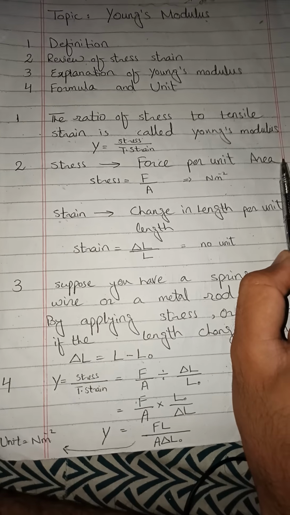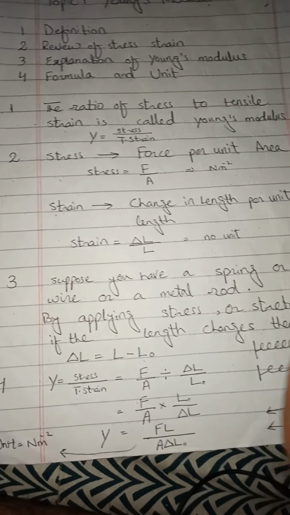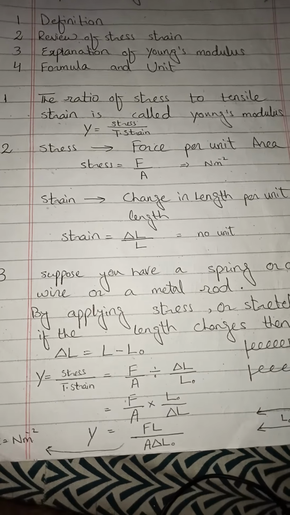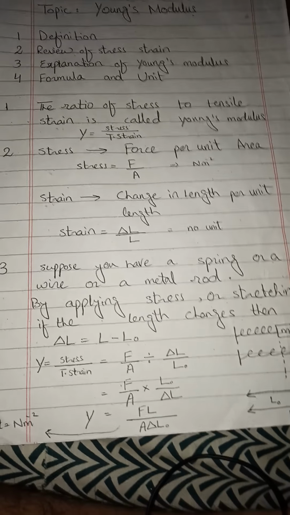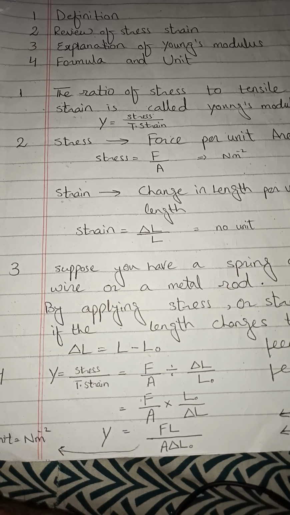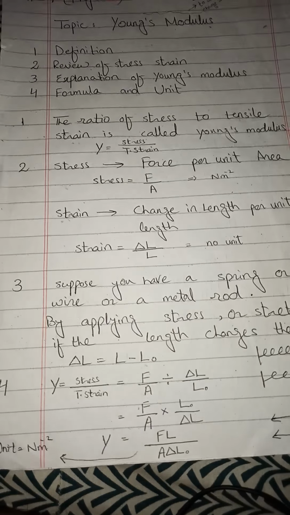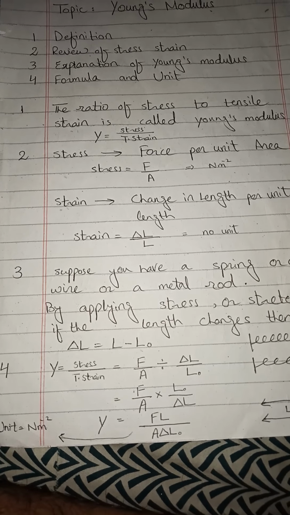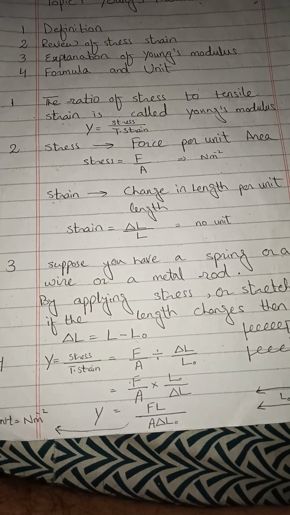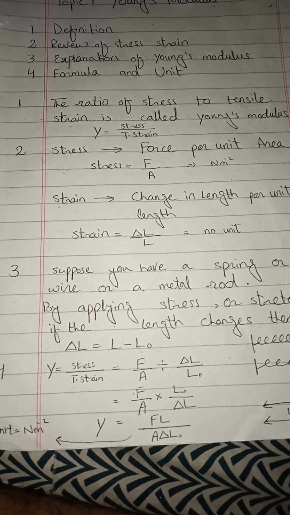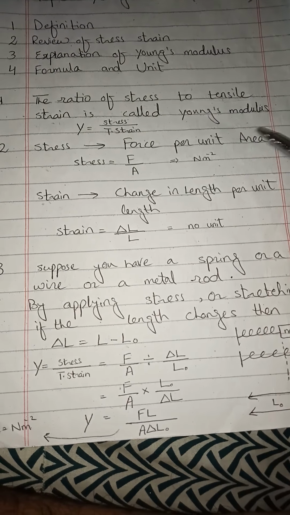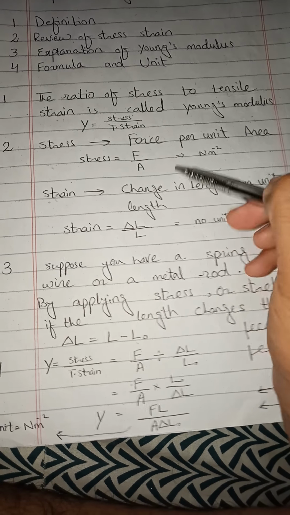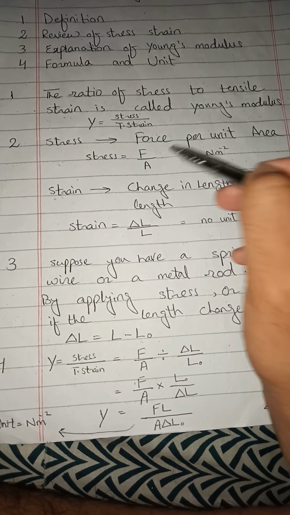If you apply stress on something, like the mass spring system in our last lecture, you saw some kind of deformation in that spring. Its unit is Newton per meter square, as we have already discussed in the last lecture.